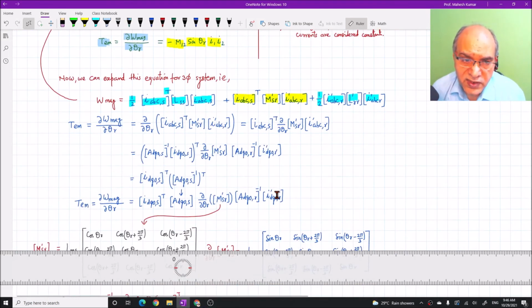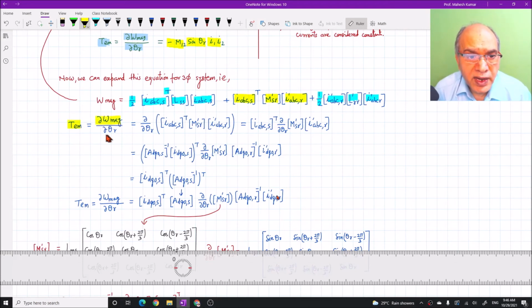Then if I differentiate this term with theta r, we will get the torque. So this is the electromagnetic torque, del W magnetic by del theta r, del by del theta r of the whole expression.